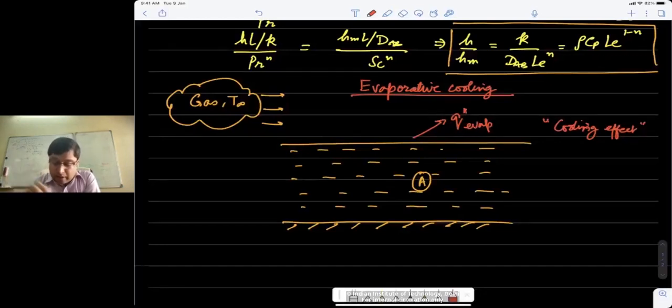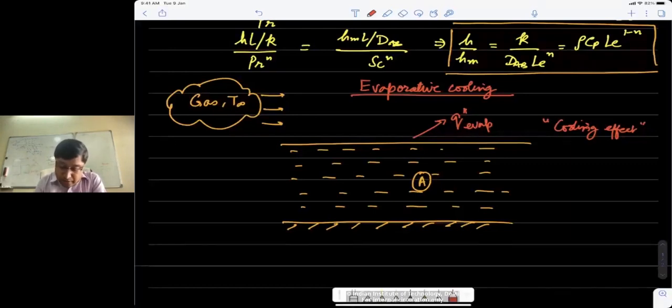You can apply the energy equation if you think of it this way: if E dot in and E dot out are not equal, and let's say there is no generation term, it's just a water layer on a surface, then there would be some E dot storage, some change in the internal energy of the fluid. But at steady state, E dot in is equal to E dot out. So that energy must come from somewhere, and it comes from the convection mode of transfer.